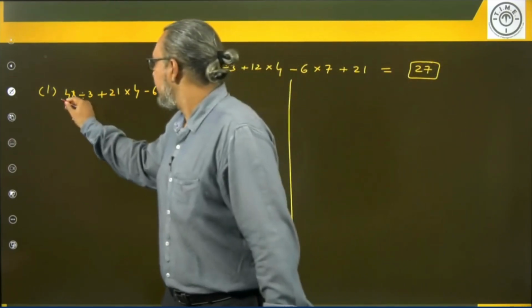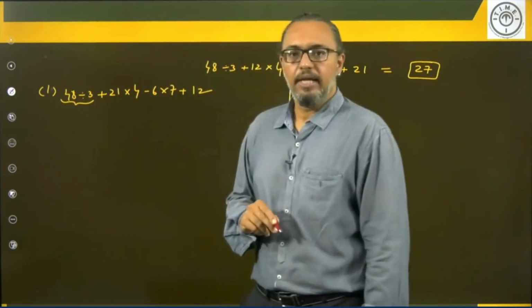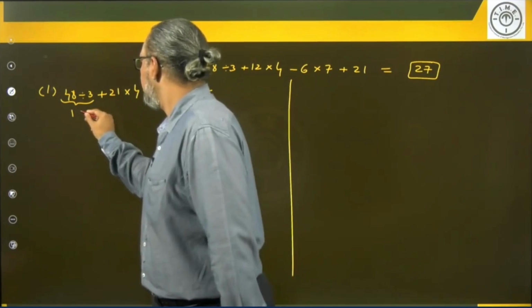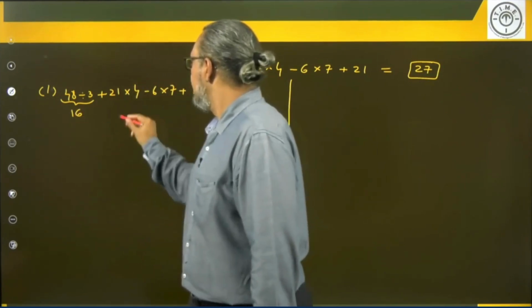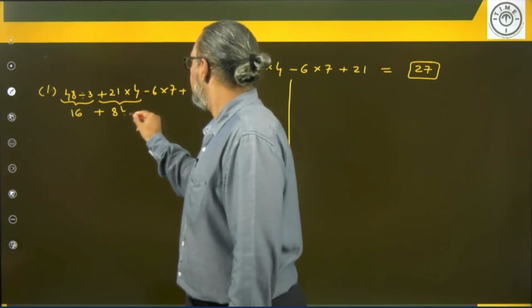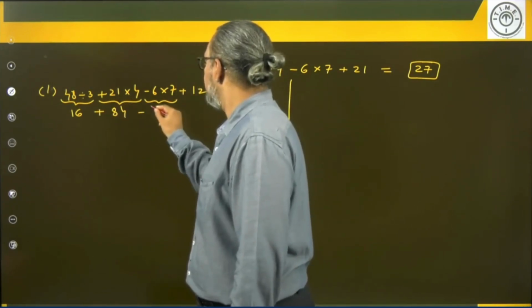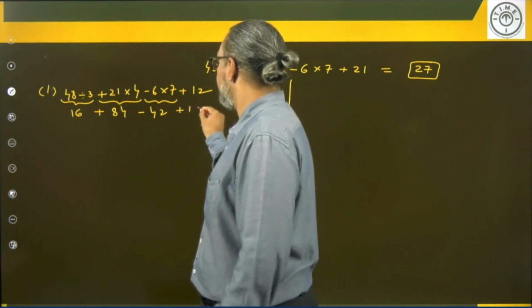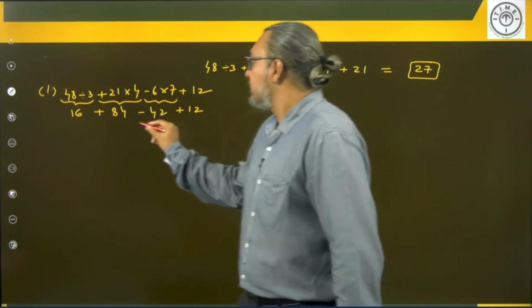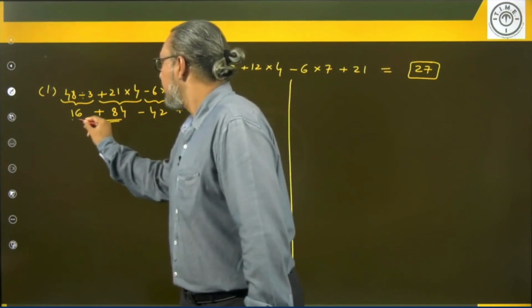Now, let us see what will I get. Here first is again division, correct. So, 48 divided by 3. So, 3 goes 1 time and 6 times. So, 16. Then here plus you get 84 and here you get negative 42 plus 12. Now, look at this. We have 84 plus 16.